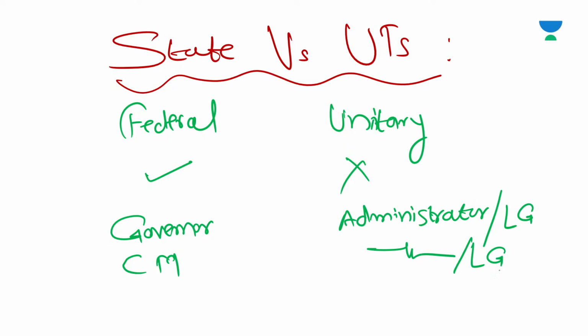Then, states enjoy autonomous powers, whereas union territories do not have autonomous powers.